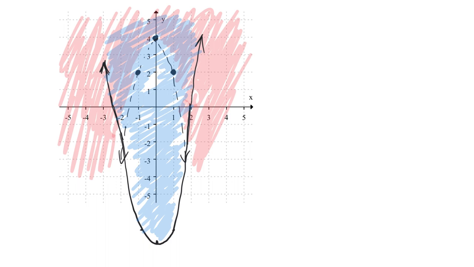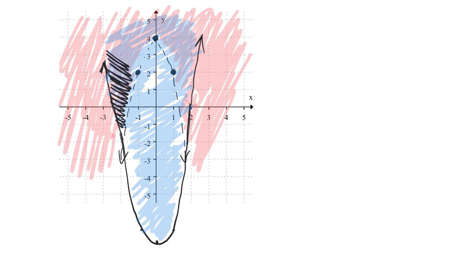Now you can see this region here has only the blue. This region here and here has only the red. But if you look here, down to this corner, around the top of that parabola, down into this corner, this area here contains both of the shaded regions. So that would be the solution set.